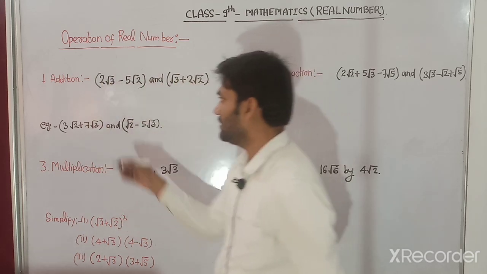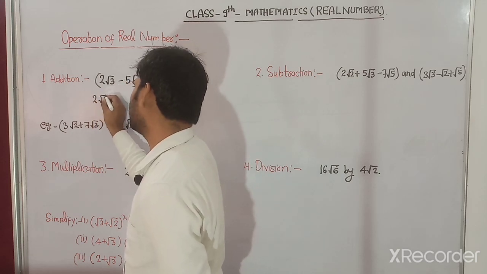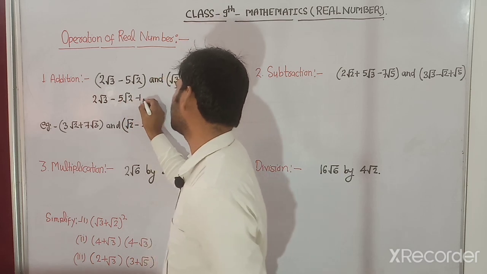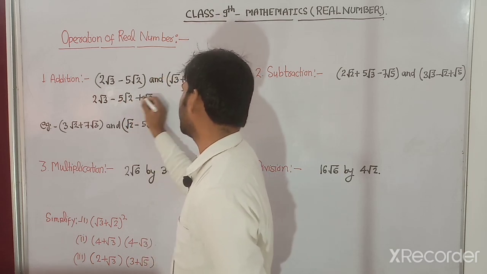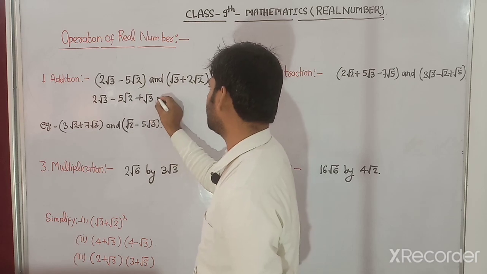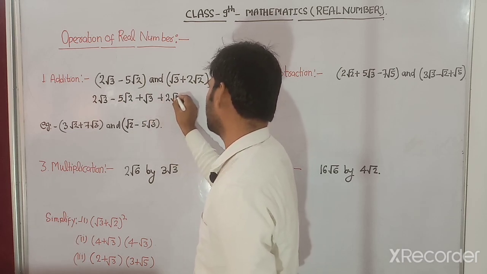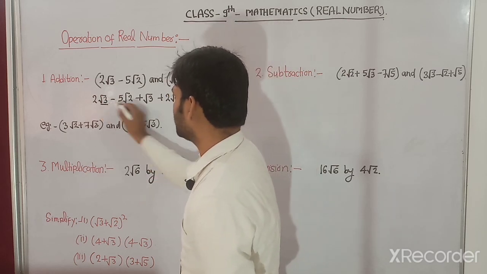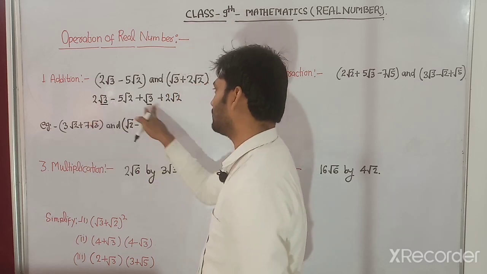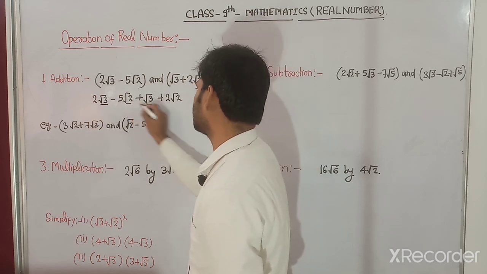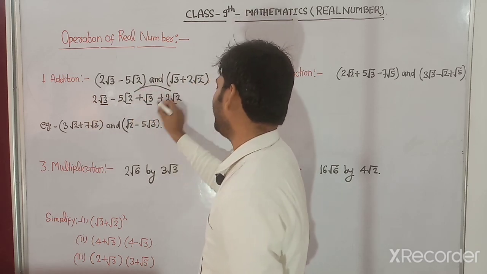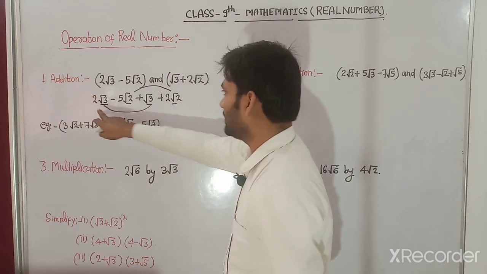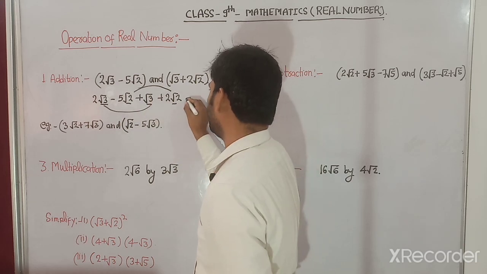How to add these numbers? First, 2 root 3 minus 5 root 2 plus root 3 plus 2 root 2, because both are being added. Then, in the total answer, this term and this term are like terms: root 3 and root 3, and root 2 with root 2. So 2 root 3 plus root 3, the answer will be 3 root 3.